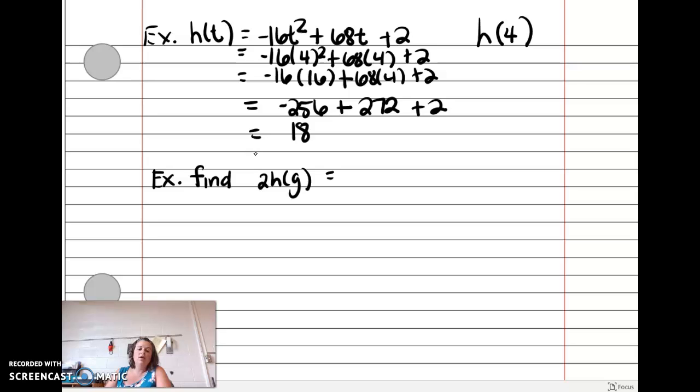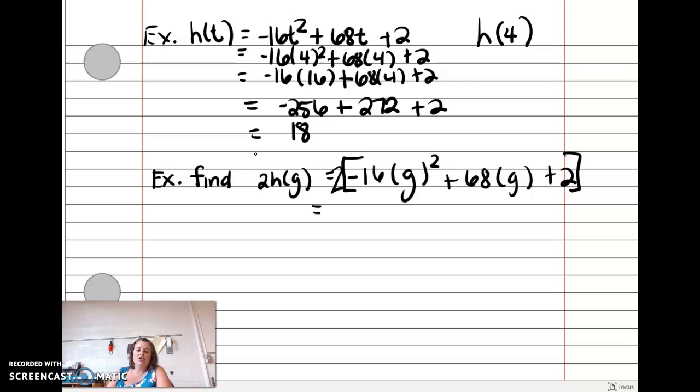Okay, so it looks like we're replacing our t with a g. So I have my -16 g squared, plus 68 times g plus 2. And then I'm going to take everything that I have here and multiply that by 2.